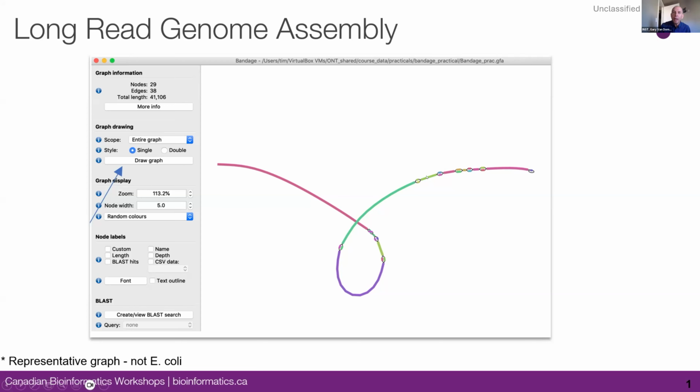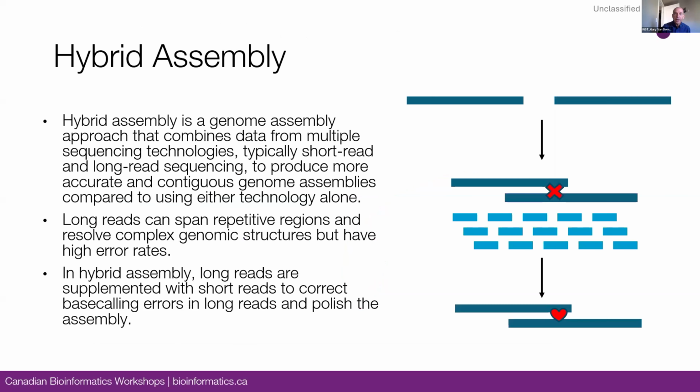You'll still get these little bubbles. And from Oxford data, with high error rates, you get a lot of these little bubbles. But again, they can be addressed through the contig generation process.